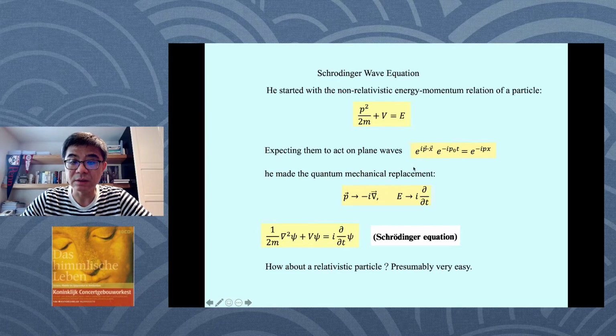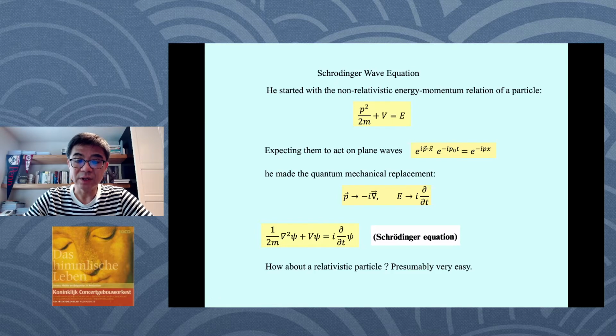Therefore, if you make this replacement, the energy momentum relation of a particle will be translated into the gradient squared plus V equal to the partial derivative with respect to t. Of course, this is only a relation for operations. Therefore, it must act on something. That something here is, of course, the wave function. And if you put in the wave function psi here, here, and here, you get the famous Schrodinger equation.